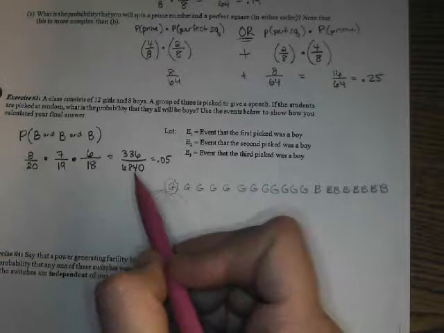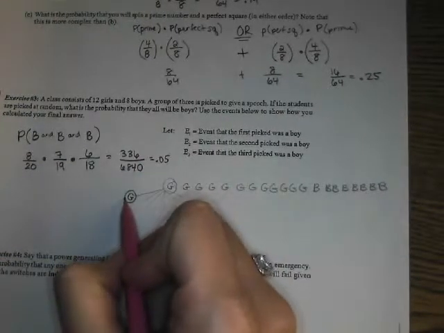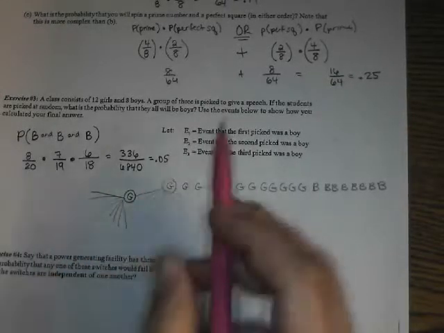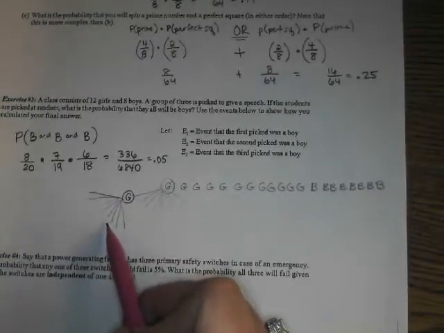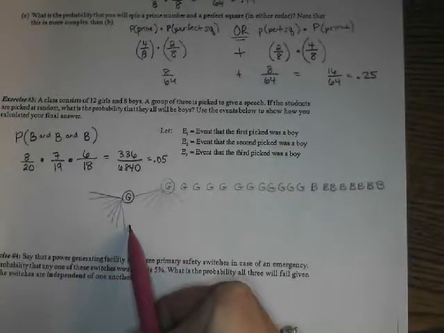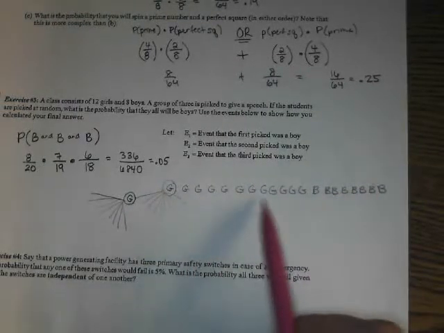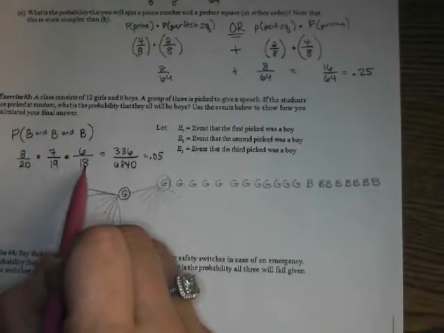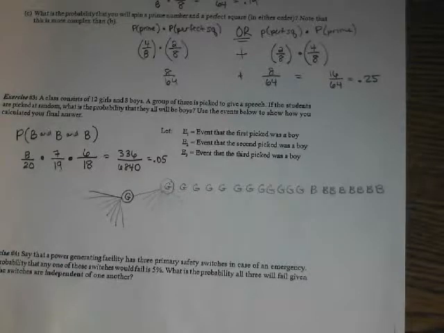And then each one of these, let's say I picked a girl again, each one of these is going to have 17 branches, right? 2 of the girls are gone, so I only have 10 girls and 8 boys. Did I say 17? I meant 18. So we've got 20 options times 19 per option, which is the 20 times the 19 times the 18. That's where your denominator is coming from. Okay? Does that make sense?